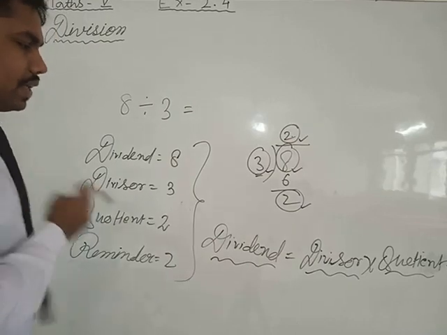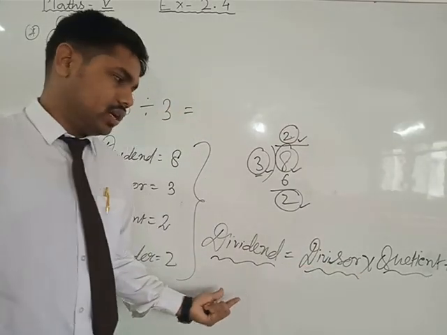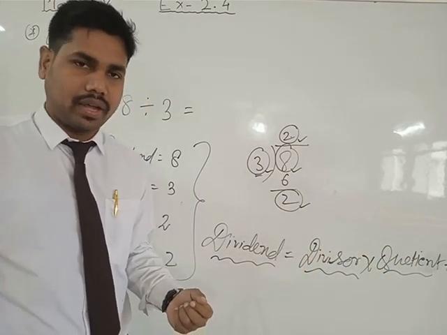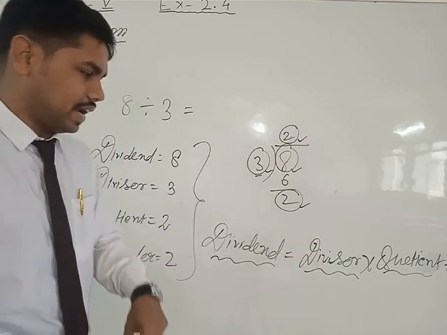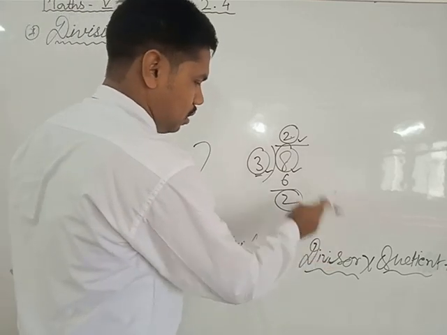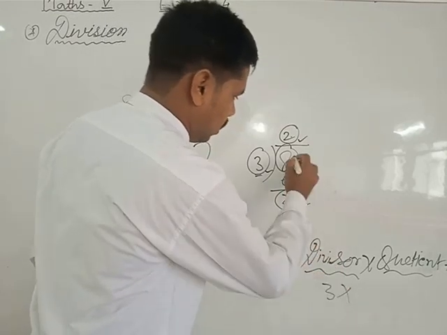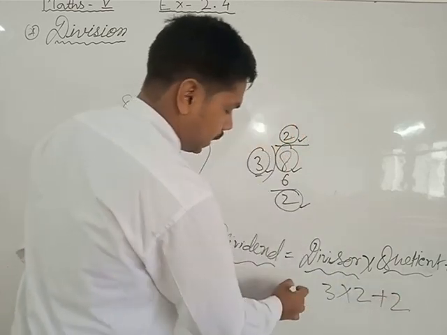So you can verify this. The dividend here is 8, so let's verify this side. Divisor is equal to 3, quotient is equal to 2, remainder is equal to 2.